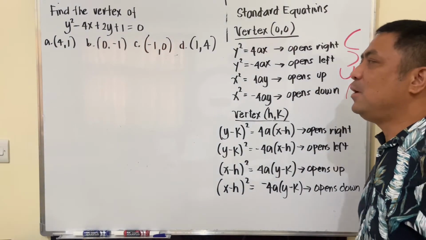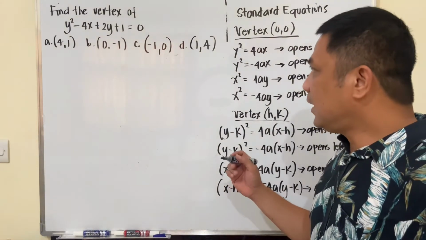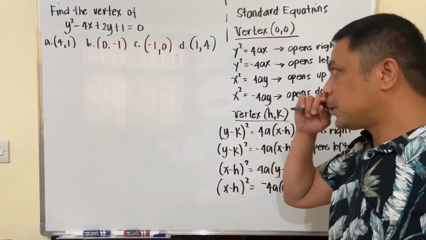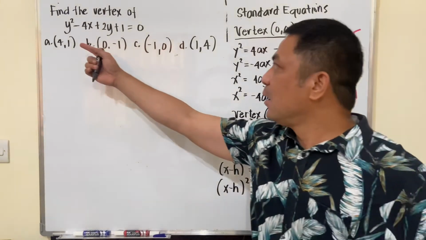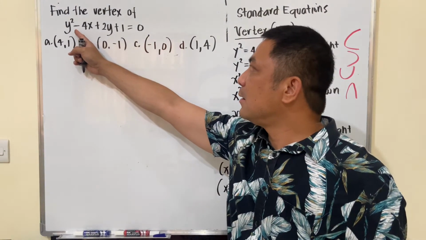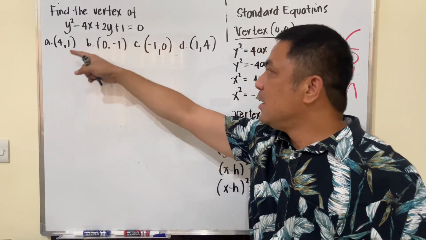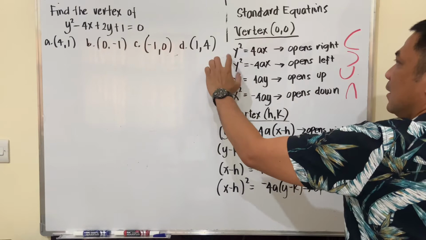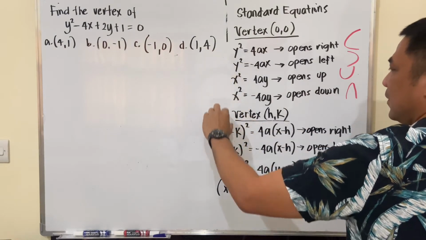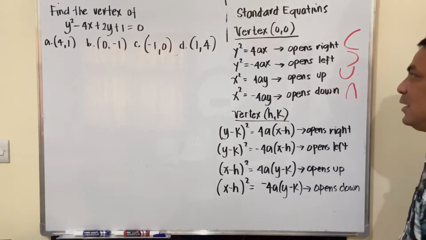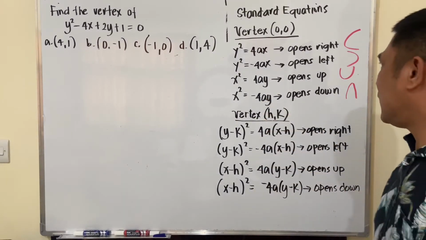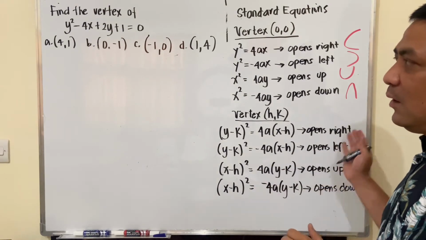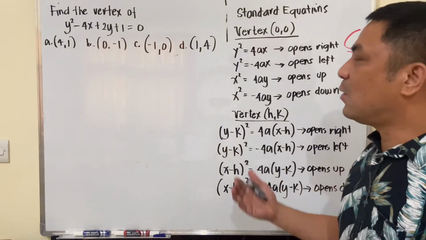By inspection, you would see that the highest degree is on the y. So it's either opening to the right or left. Let's see where it opens as we proceed.